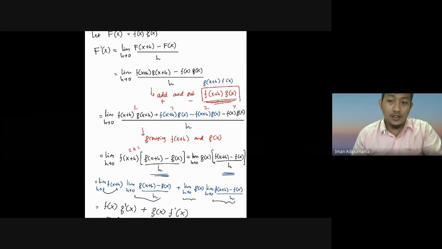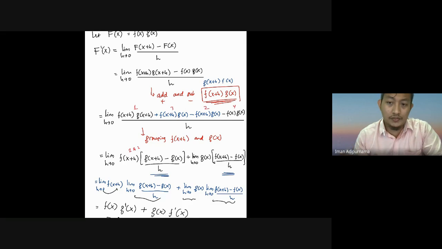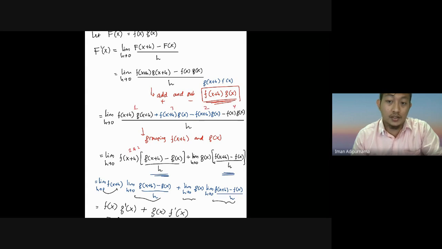In your textbook, the product rule proof is shown in a slightly different way. I will show you in an additional video how to prove it from your textbook. So proofs for the general power rule, the product rule and also the quotient rule I will put in another additional video.